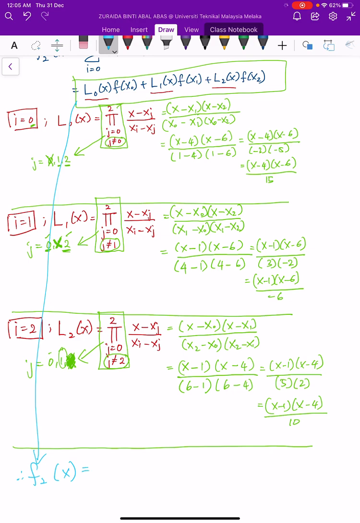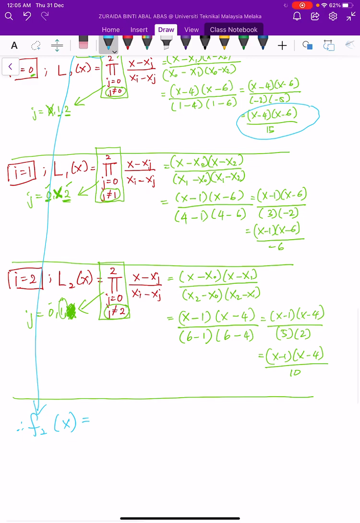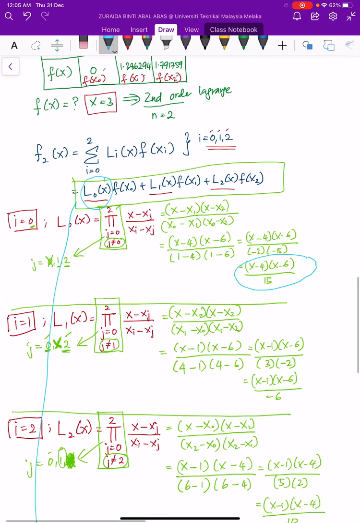So we have L naught x. We need to copy this one, so it's going to be x minus 4, x minus 6, divided by 15. And remember that you need to multiply with this, f of x naught.